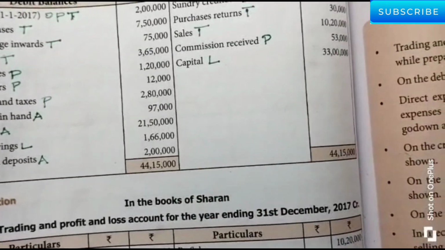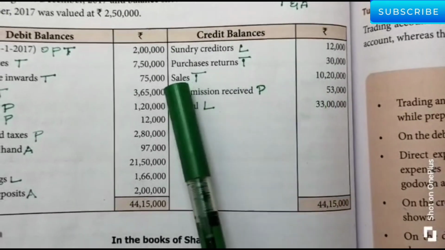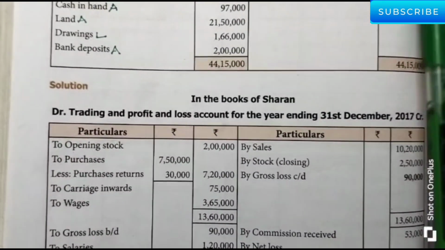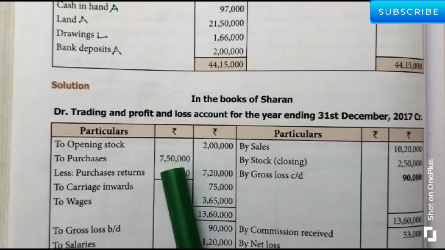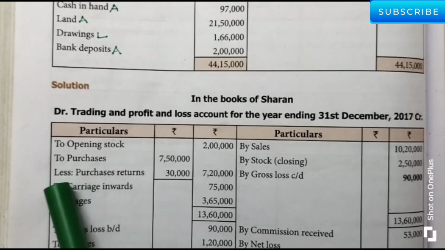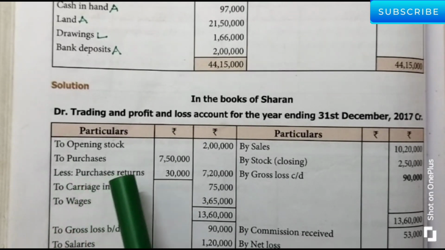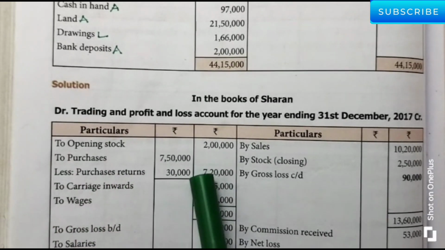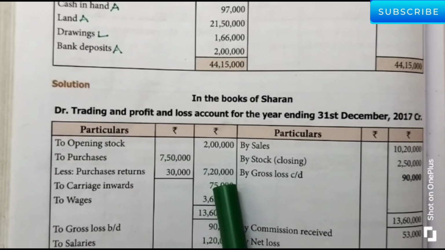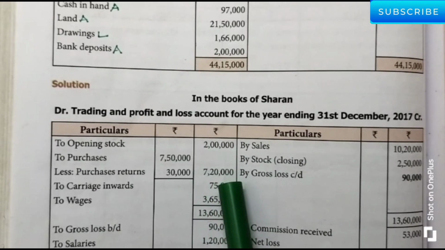Then they gave the purchases returns amount, purchases returns 30,000 rupees. So you have to subtract purchases returns from the purchases account. So you write the heading "Less", which means minus purchases returns 30,000 from 7,50,000. You will get 7,20,000. This is the net purchases amount. You have to enter it in the outer amount column, okay?